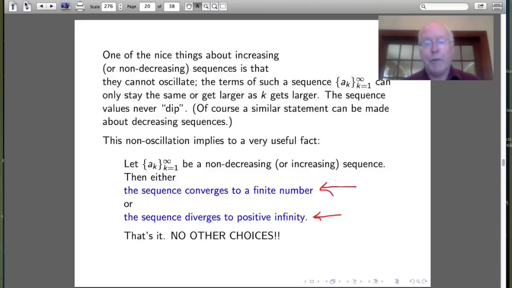So a monotone increasing sequence cannot diverge by oscillation. In a sense, it always converges if you allow going to infinity as a type of convergence, that we usually call divergence. So two choices: converging to a finite number or diverging to infinity. And this will prove very important in our later work with infinite series.